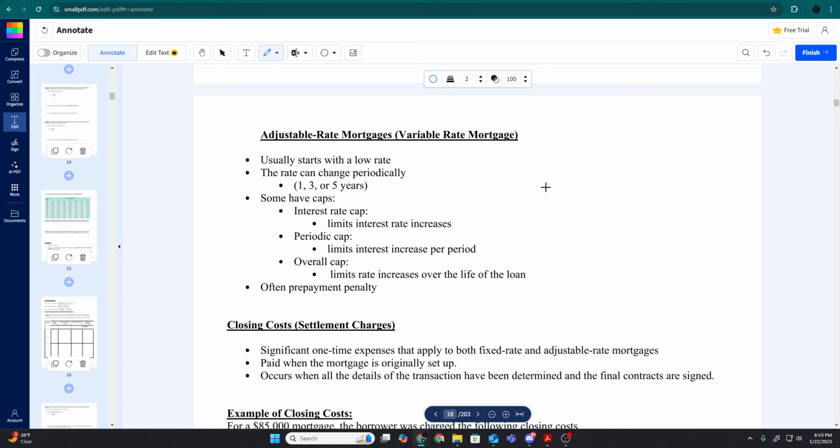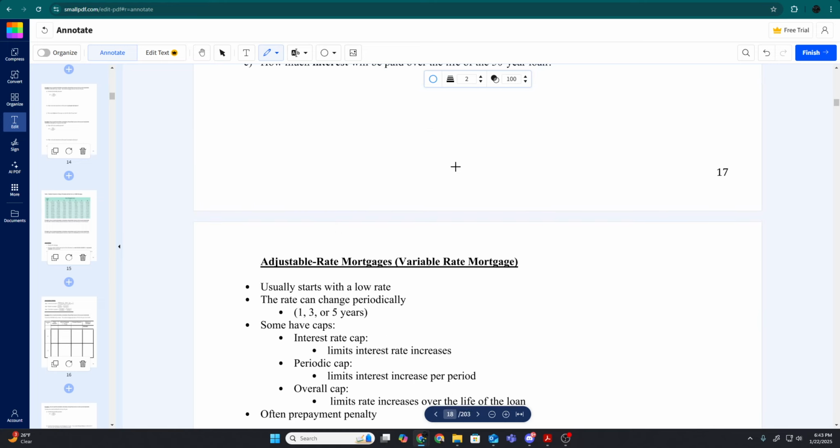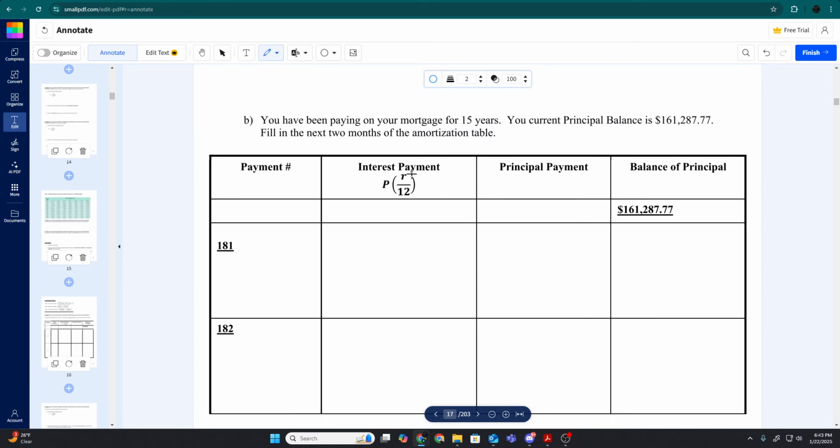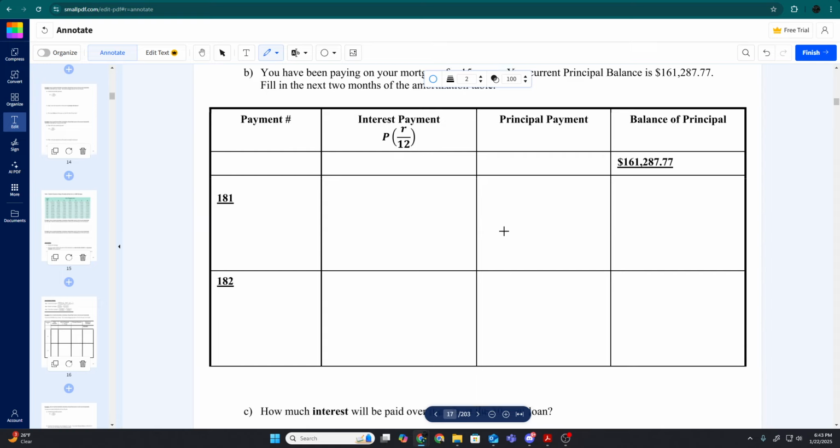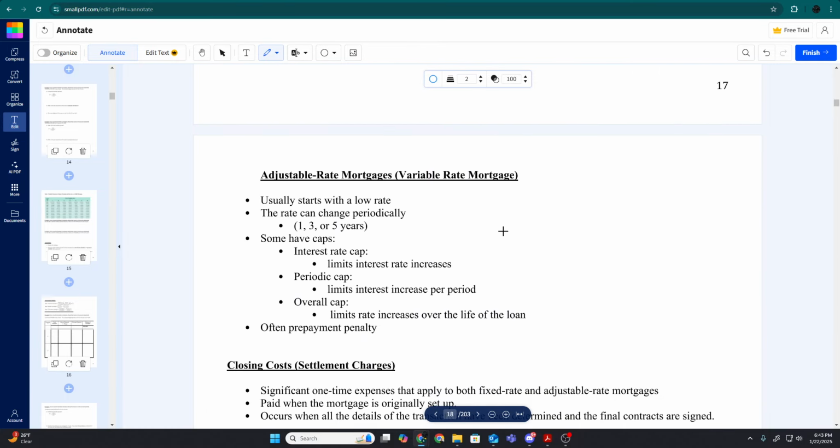Essentially, the rate can change during the loan, which does affect the interest. So in these circumstances, you use one R for part of the problem and a new R for another part. We're not going to do any of those together, but essentially that's how it works. Through the amortization process, they change the interest rate used part of the way through.